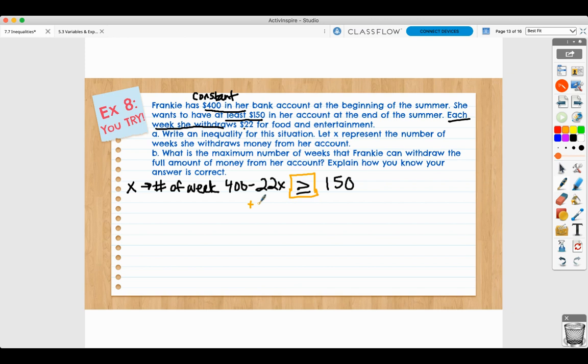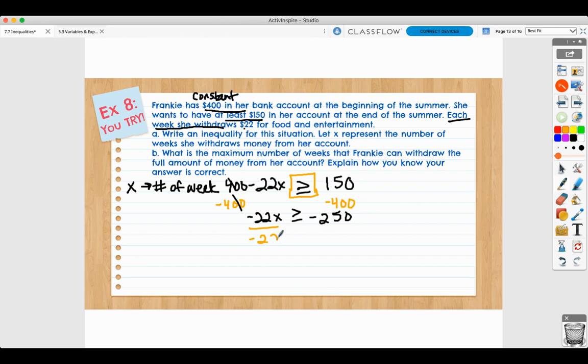So I'm going to not add that. We only have one variable term, so I'm going to subtract 400 from both sides, which is fine. Remember, the 400 is positive. The 22 is negative. So this goes away. We're going to have negative 22x is greater than or equal to negative 250.